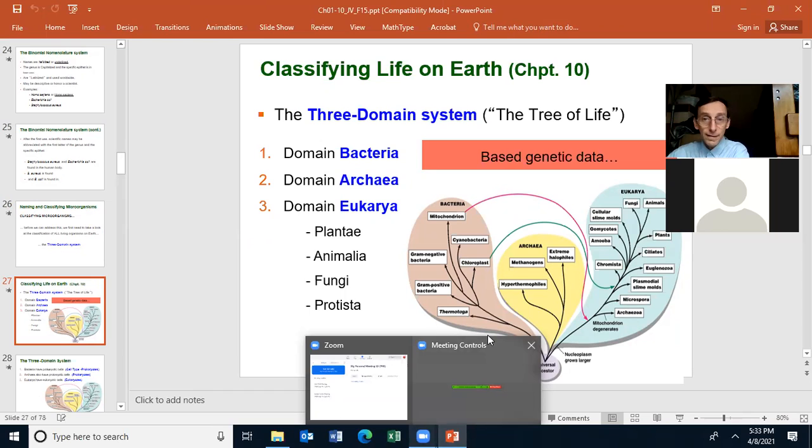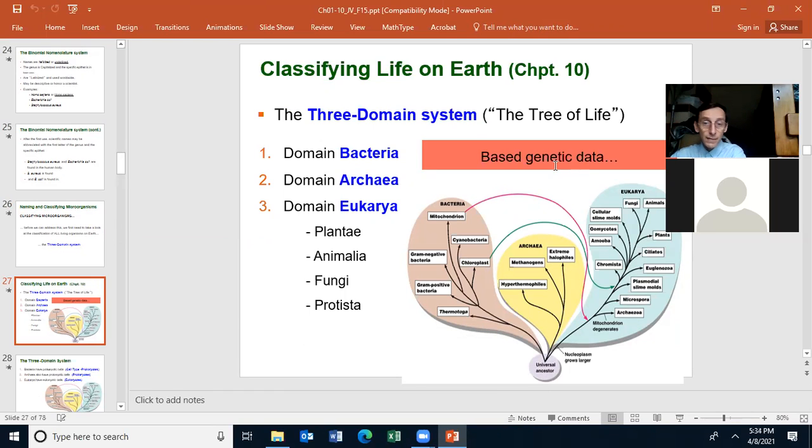The three-domain system is sometimes called the tree of life because all living things branch off from one another in a three-branching system that reminds people of a branching tree. Of course, the tree has three trunks, but it is a three-branching tree of life.